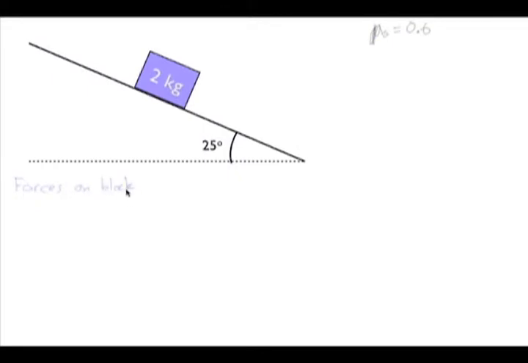Now there are two types of forces. There are contact forces from objects actually touching the block, and then there are long-range forces. Now, the only object actually touching the block is the slope, while the only long-range force that we know of at this point is gravity.